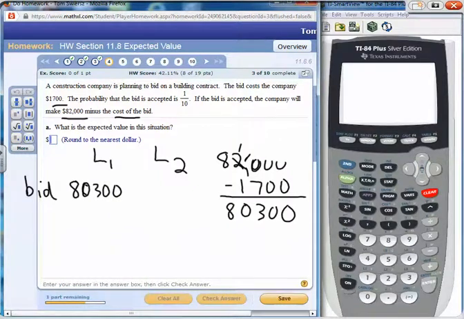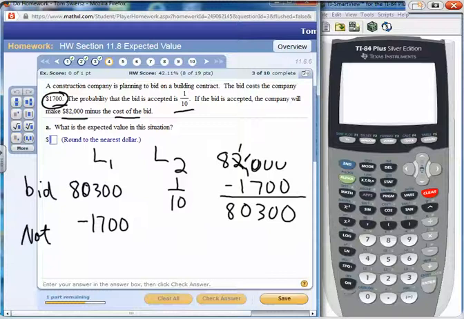Now, what's the probability that they get the bid? 1/10. If they do not get the bid, then what happens? They lose what they had to spend on the bid, which is 1,700, right? So that would be a loss of 1,700, negative 1,700.